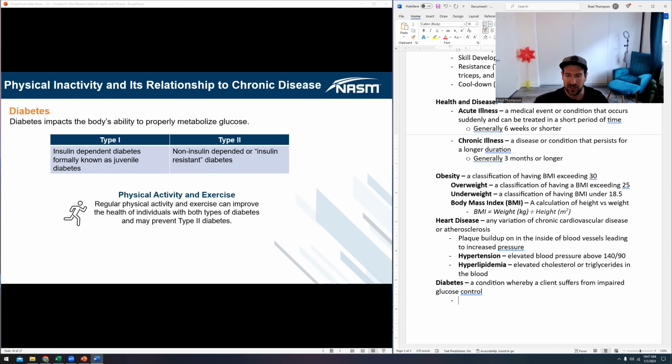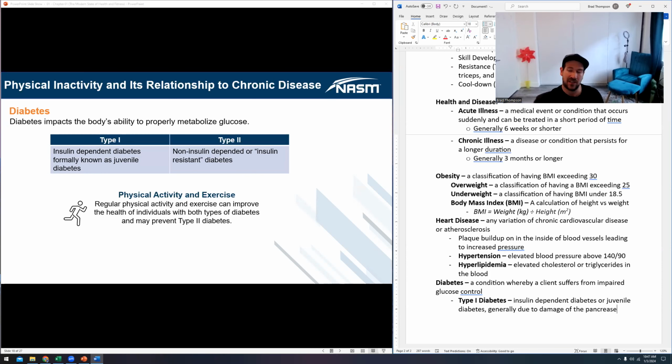We're going to see type 1 diabetes, which is what we call insulin dependent diabetes or juvenile diabetes. It is generally due to damage of the pancreas.